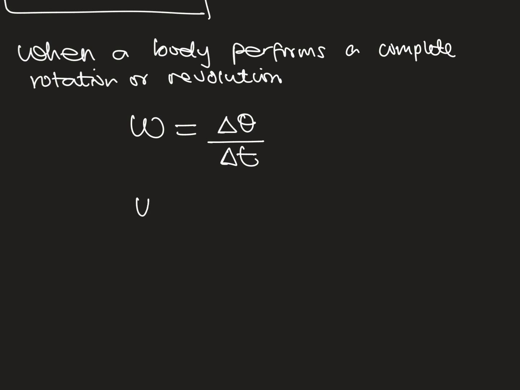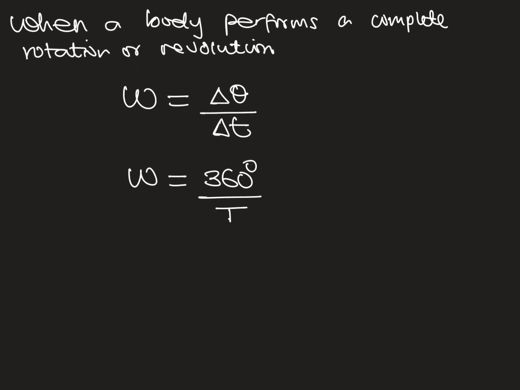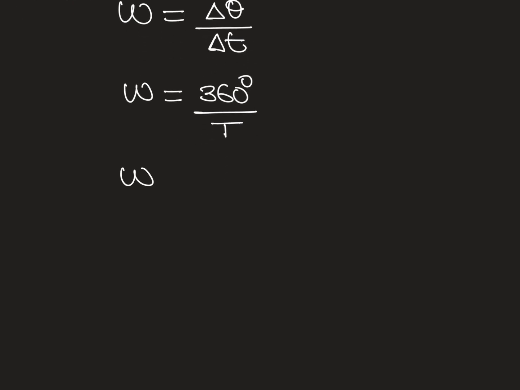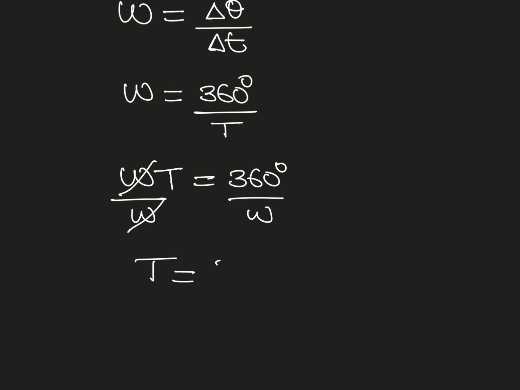And we said that if the object is to perform one complete rotation, the angular displacement there will be 360 degrees, and therefore the time is now changed to period. So I think this is understood. If we cross multiply, we'll have omega times the period is equal to 360 degrees. If I want to find the period, I will divide both sides by omega. So the period is equal to 360 degrees divided by omega.